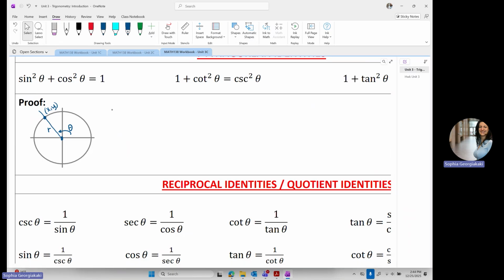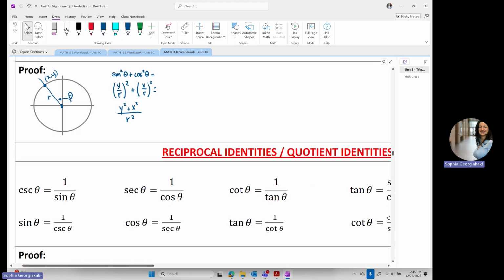So if I try to find the expression sine squared of theta plus cosine squared of theta, from the definition, sine is y over r, and the cosine is x over r. And then that will be y squared over r squared plus x squared over r squared. These are fractions with common denominator.